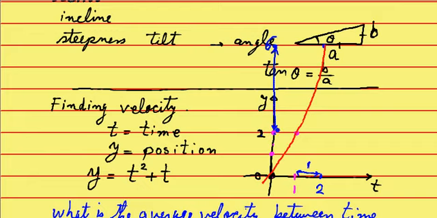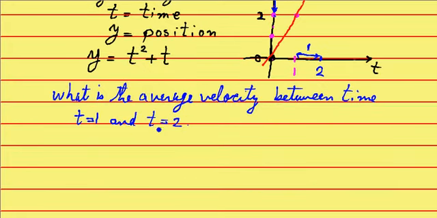In 1 second, it traveled 4 feet. So here's what I do. At t equal to 1, y is equal to 1 squared plus 1, which is 2. At t equal to 2, y is 2 squared plus 2, which makes 6.